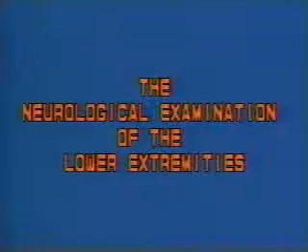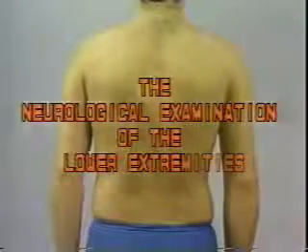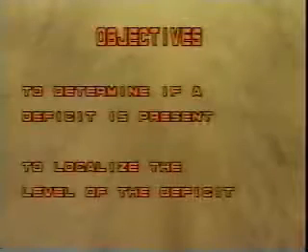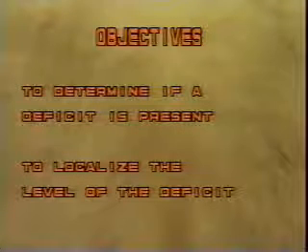The neurological examination of the lower extremities. The overall objectives of the neurological examination are to determine if a neurological deficit is present and to localize, if at all possible, the level of the deficit.